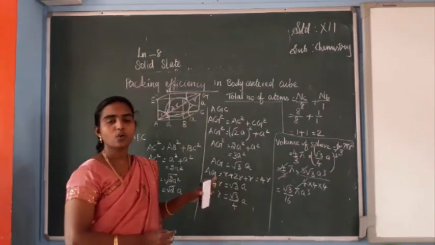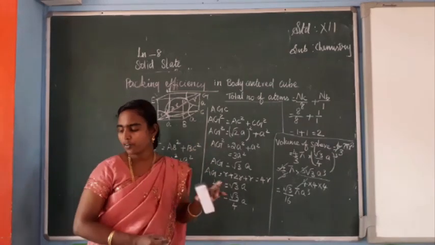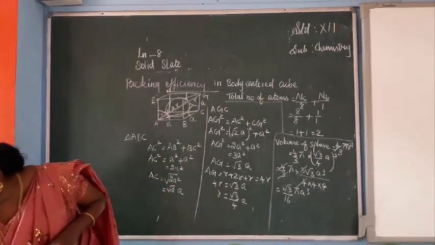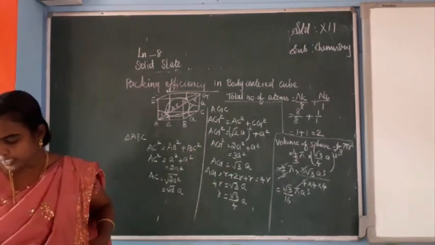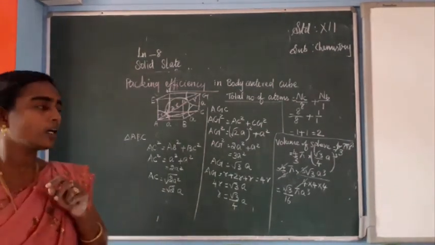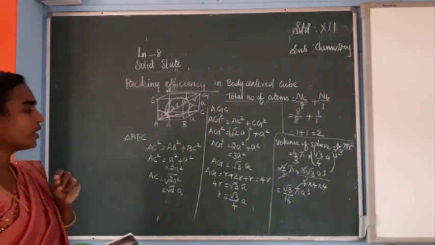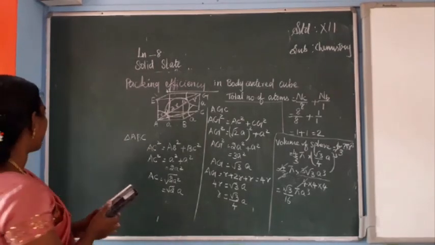So we have calculated the volume of one sphere, isn't it? Now we have to calculate the total volume occupied by the spheres in one body-centered cubic unit cell.